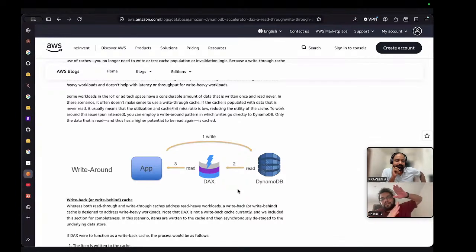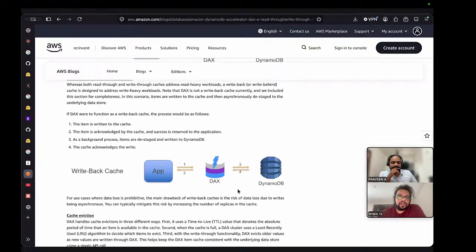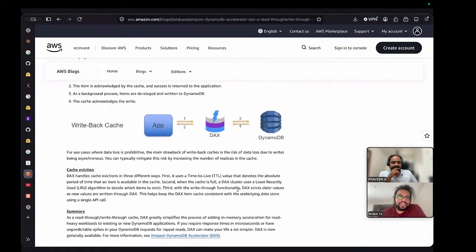The pattern usually sits a bit higher than the underlying algorithm, right? Any of the eviction policies can be implemented in any of these patterns. Exactly. So usually they start with which pattern you will use. We already answered that question, but it could be a write-back cache.